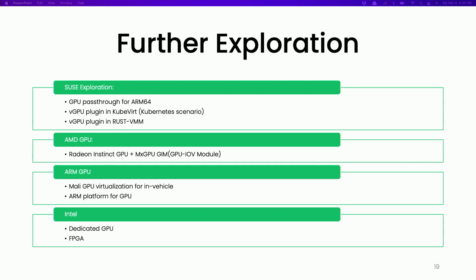So first is actually the ARM side. I think ARM servers are quite popular today. Everyone is talking about it, even NVIDIA, as we know, is trying to purchase the ARM company. And so we actually made it work on an ARM server, but just in pass-through mode.